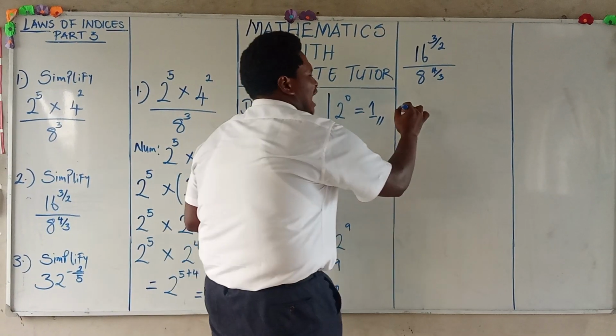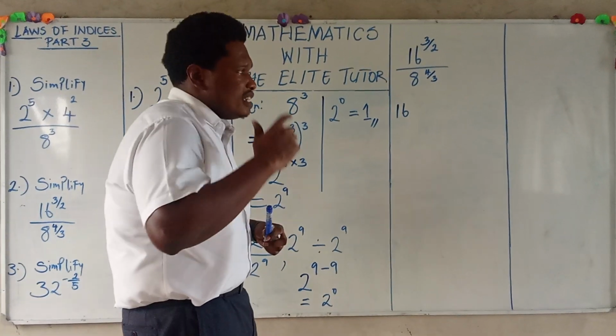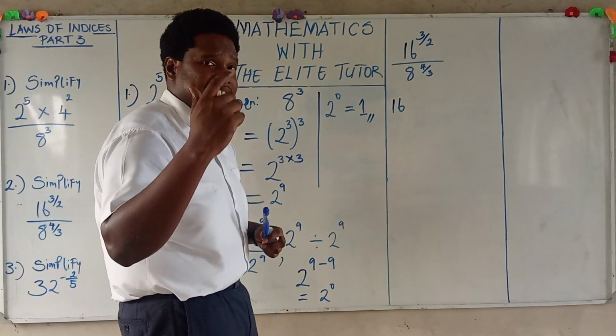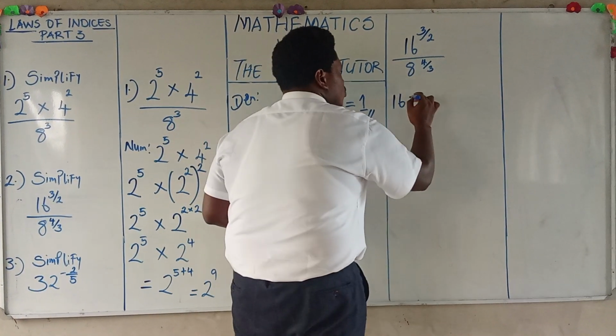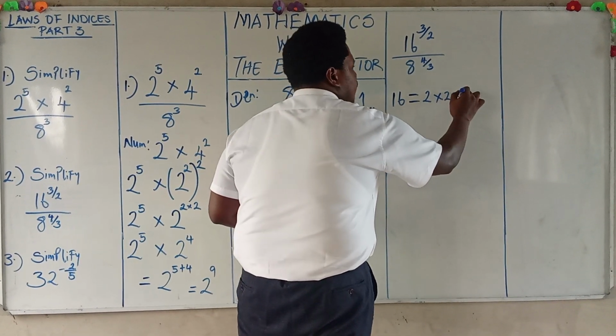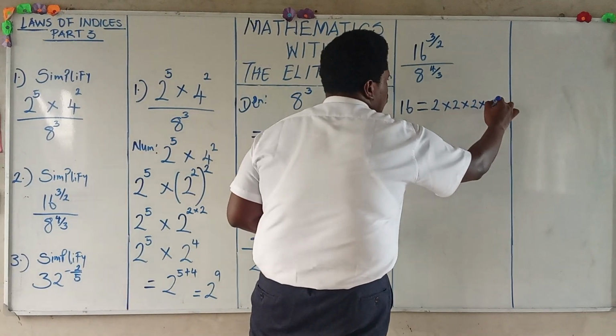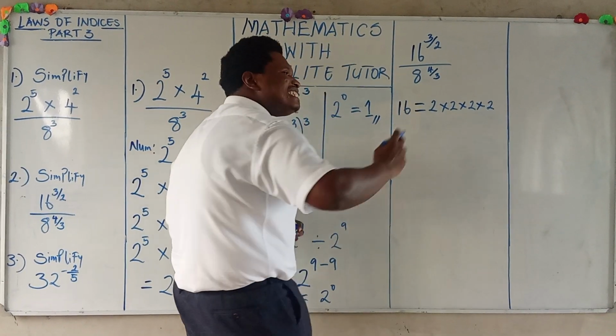Now 16 being expressed in terms of 2. We are going to have 2 times 2, which is 4, 4 times 2, which is 8, 8 times 2, which is 16.